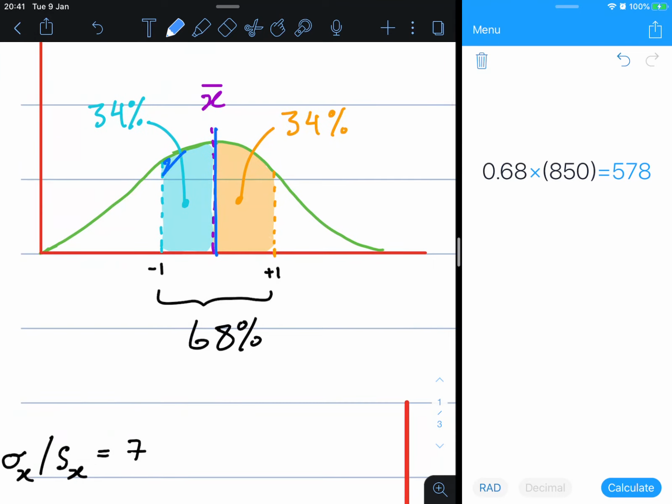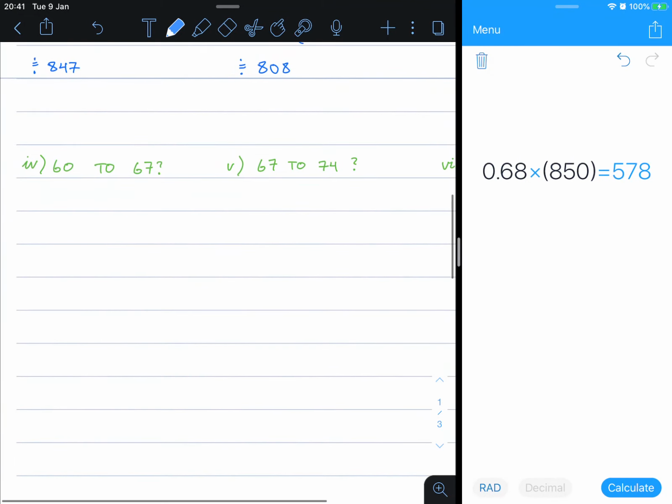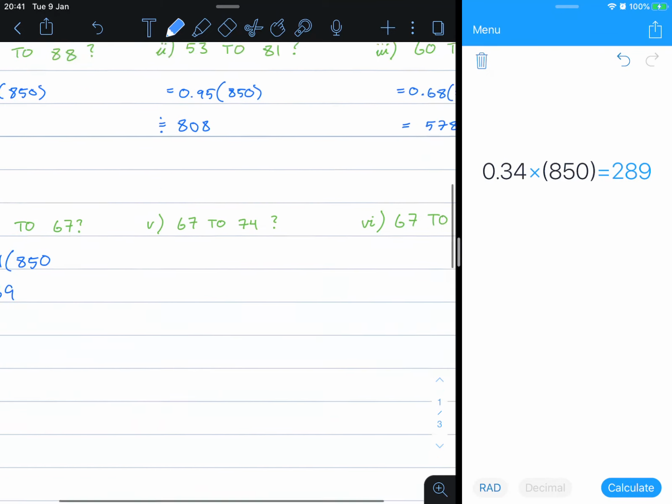So we only want this area here. That corresponds to 34%. So that's going to be 0.34 times 850. That's 289 students.